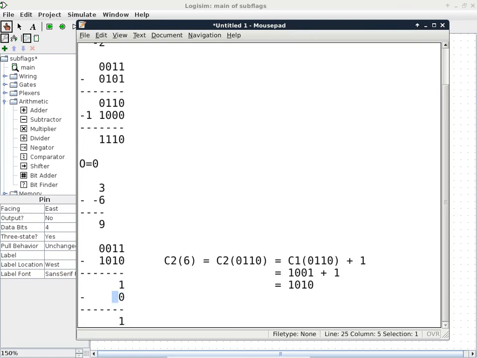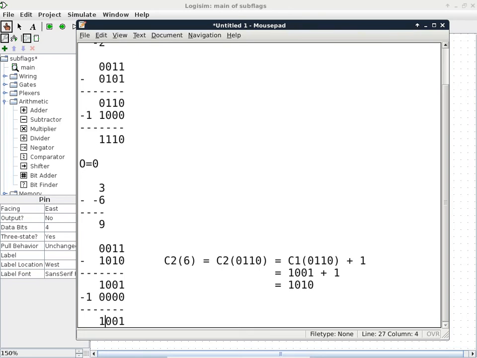And neither gives me any borrow, so this borrow becomes a 0. 1 minus 1 is a 0. 0 minus 0 is a 0. And neither subtraction gives me a borrow, so this borrow once again is a 0. 0 minus 0 is a 0. 0 minus 0 is a 0. There's no borrow, so this one becomes a 0. 0 minus 1 is a 1, and it has a borrow. I put it here. 1 minus 0 is a 1. So the result is 1, 0, 0, 1.